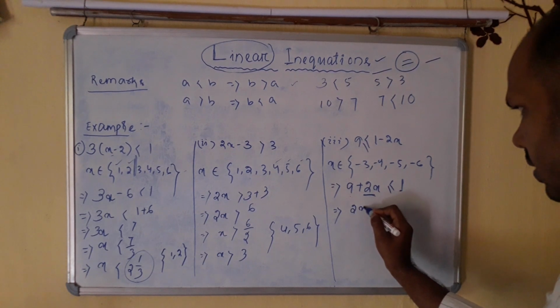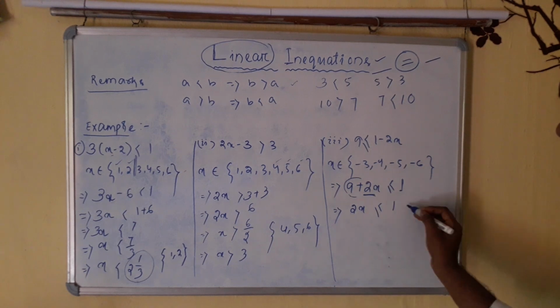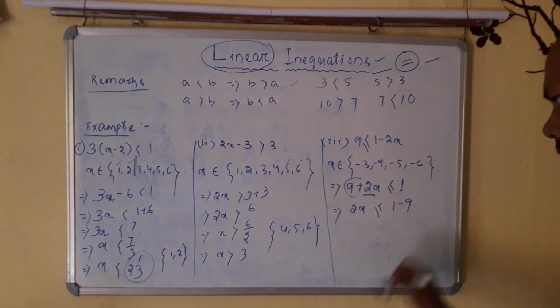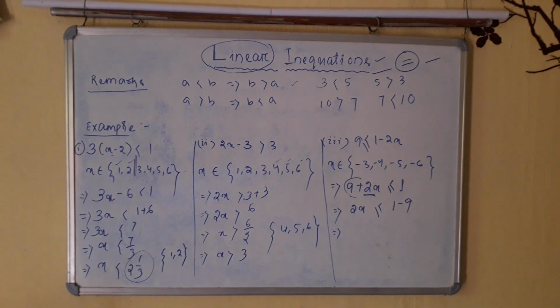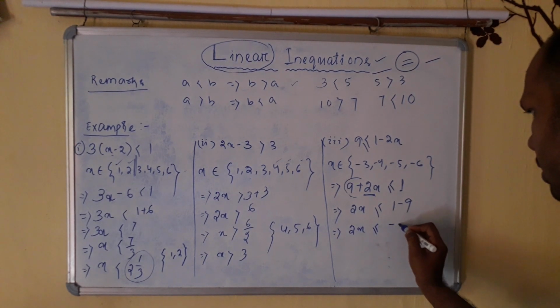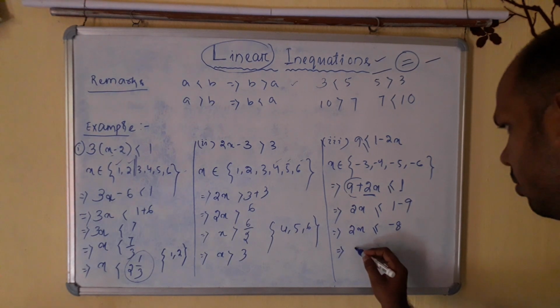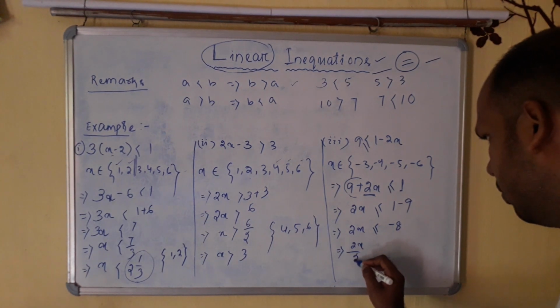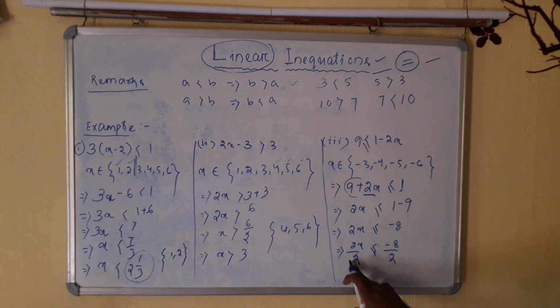Now 2x is less than or equal to 1 minus 9. Since 9 is added on the left hand side, you can subtract 9 from both sides to cancel it. Now 2x is less than or equal to 1 minus 9, which is minus 8, and if I divide by 2 on both sides, it will be 2x by 2 less than or equal to minus 8 by 2. Remember, here I am dividing by a positive value, not a negative value. That's why the inequality sign remains the same.